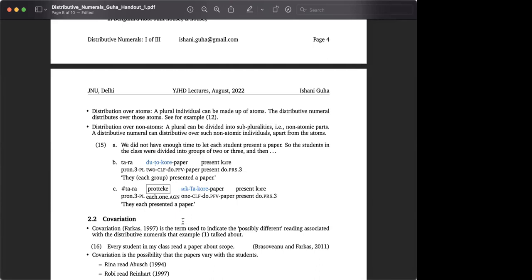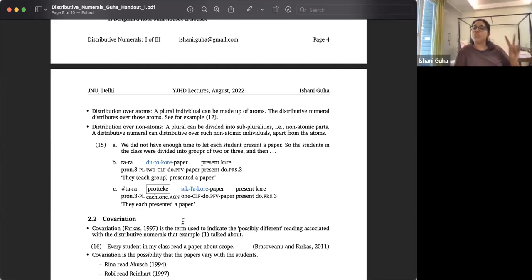And so duto kore is distributing over each of those groups of two or three. This is an example of subatomic distributivity. To make the point clearer, I have 15C. 15B means that they, each of those subgroups that we formed, presented a paper.